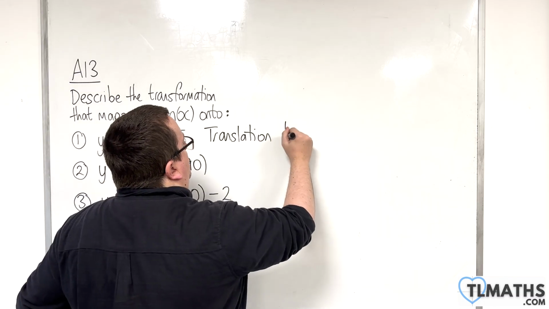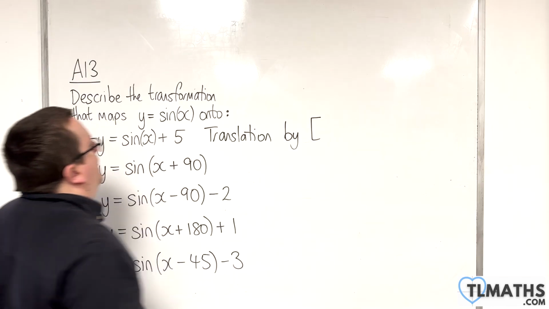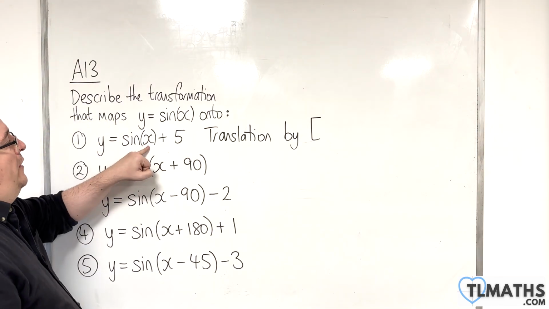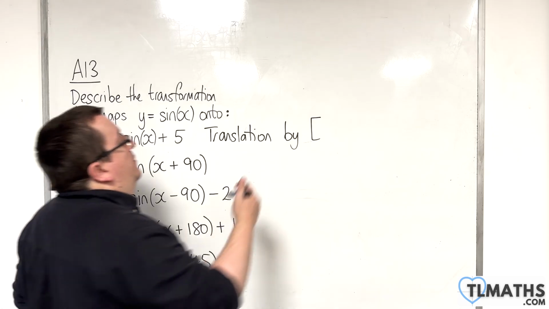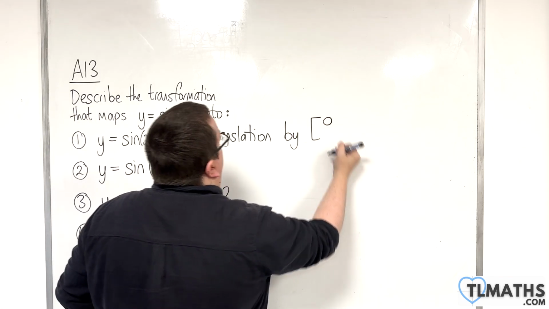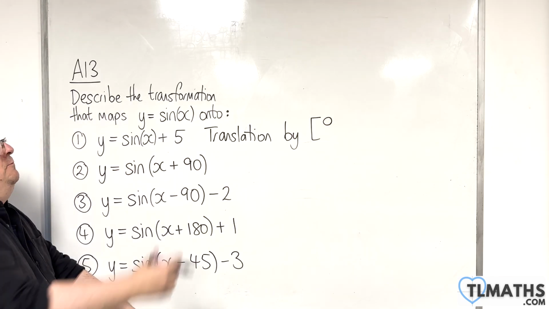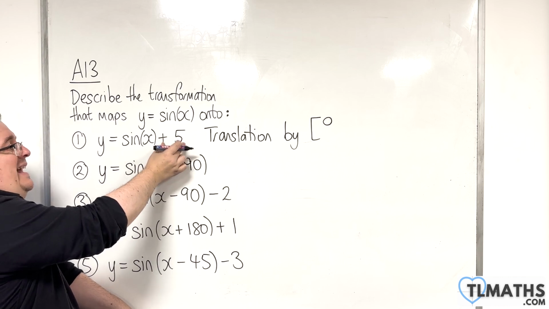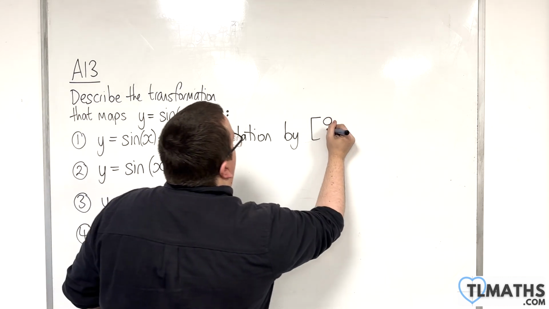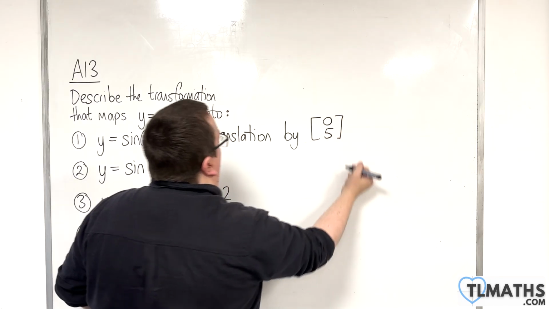So this is a translation by, and we describe it with a vector. The x inside, we're not adding or subtracting anything inside the bracket, so there is no movement horizontally. The plus 5 affects the vertical direction, and that is as you expect, so we are moving 5 units upwards.